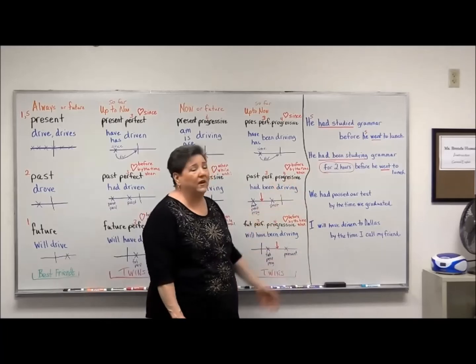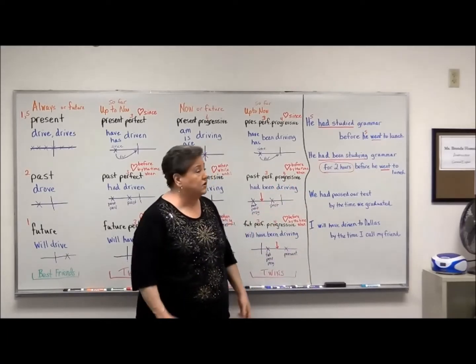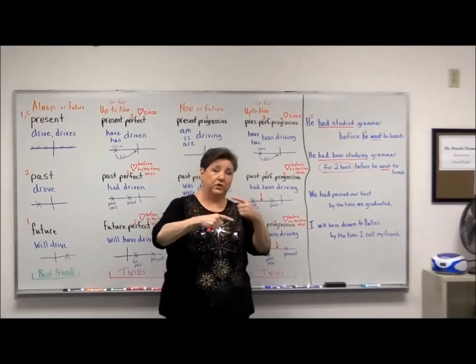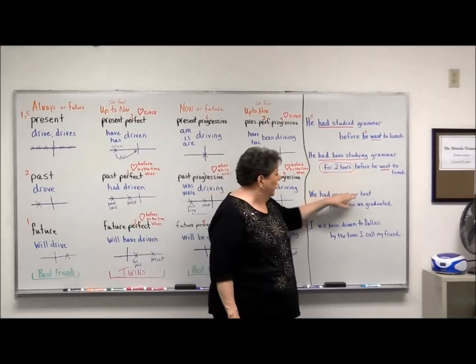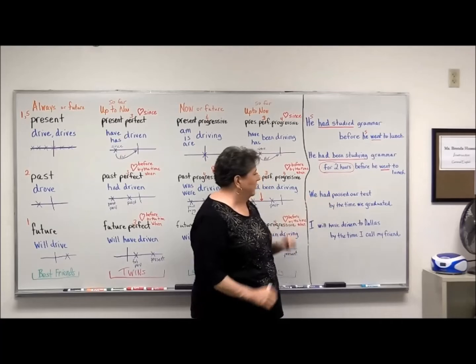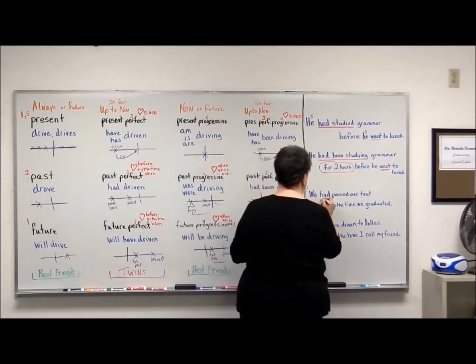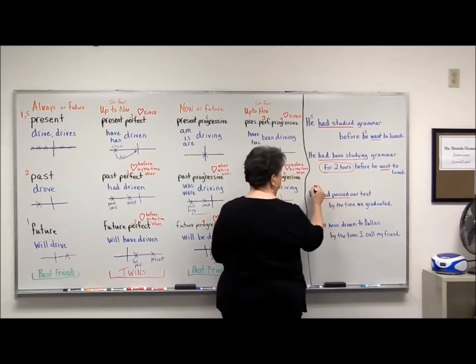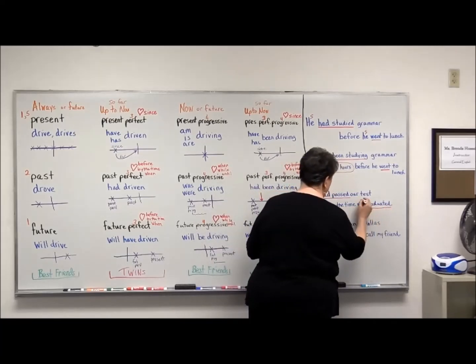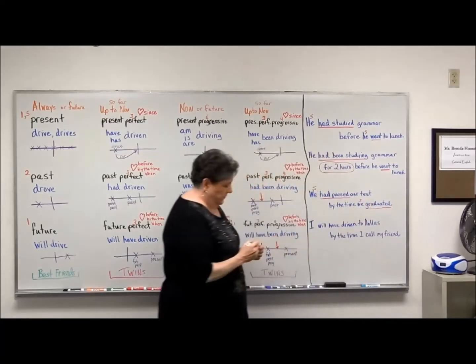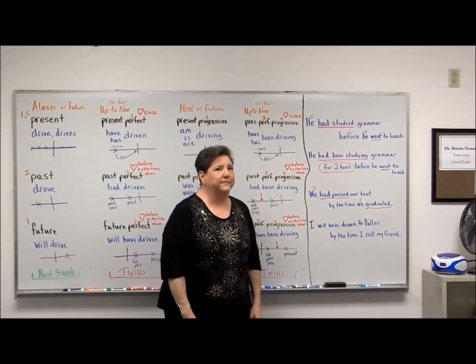And even when you say when, it really is the same meaning. So it doesn't matter which one you use, they have the same meaning. Before and by the time. So, where's the verb? We had passed our test, subject, by the time we graduated. All right.